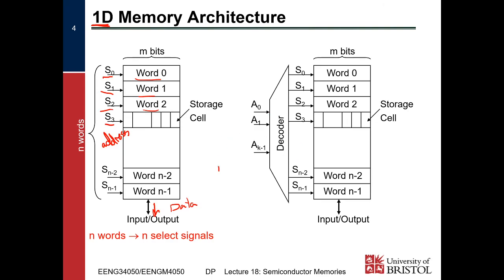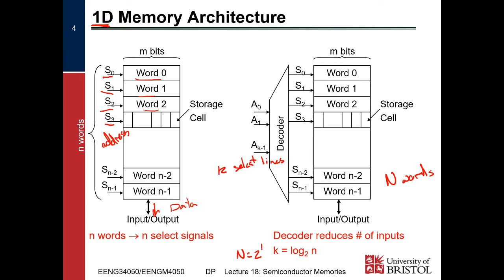If we've got k select lines, we have n words, such that k is log 2 of n, or alternatively n equals 2 to the k.